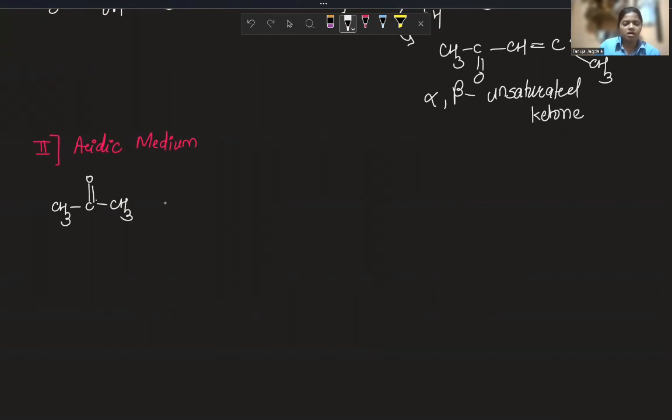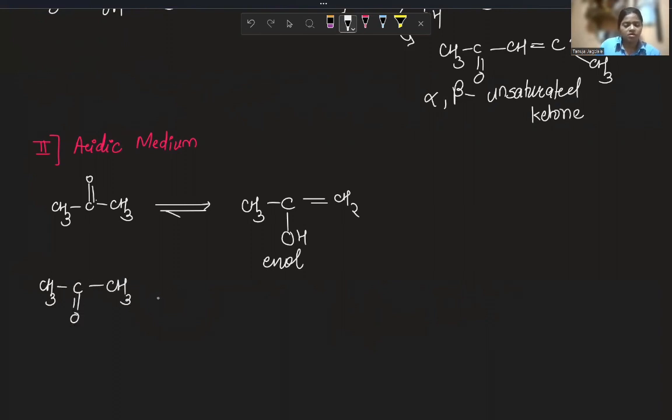This acetone undergoes tautomerism to form enol, and this acetone gets protonated by acid.